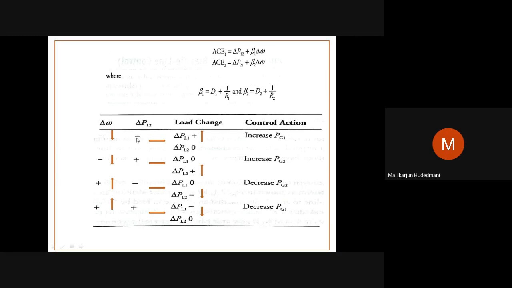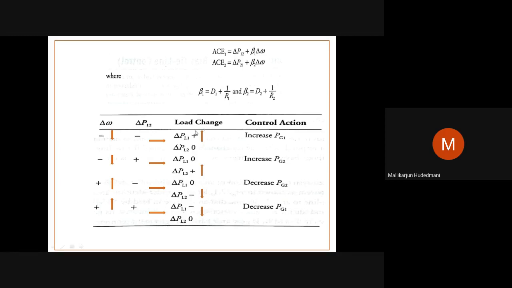Delta P12 negative indicates loading more and more on this system. Delta PL1 if increases in area 1 will make the frequency diminish, frequency drops. This will be observed as need of power. Delta P12 is nothing but expectation of the power via tie line. Am I right or not?